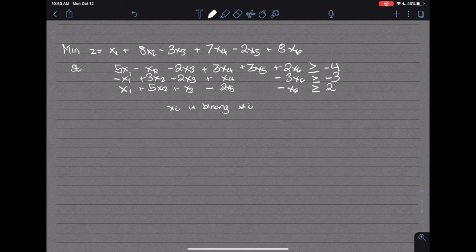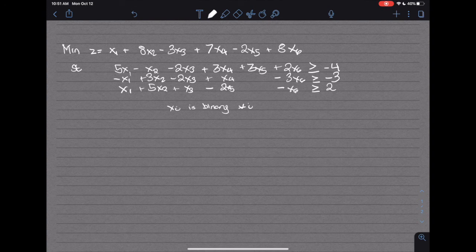Next is to transform all negative coefficients to positive coefficients. In this example, we have two variables that have negative coefficients, that is x3 and x5. Therefore, we have to transform their coefficients into positive. Okay, so how do we do that for a binary problem?